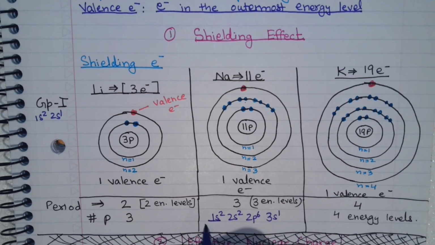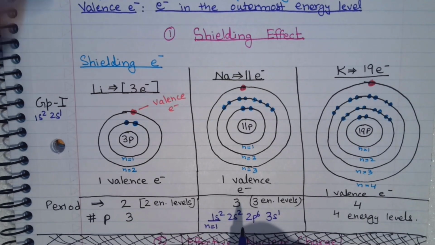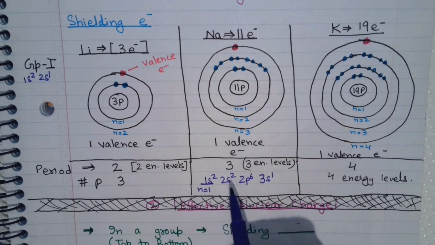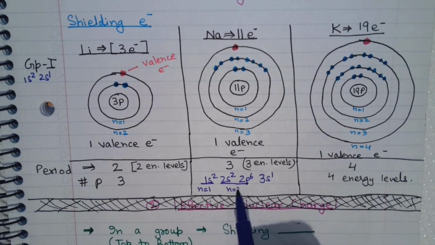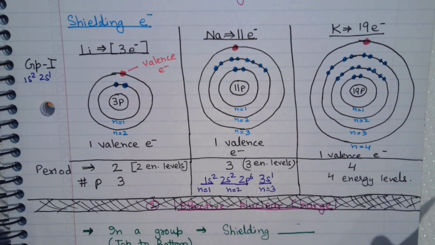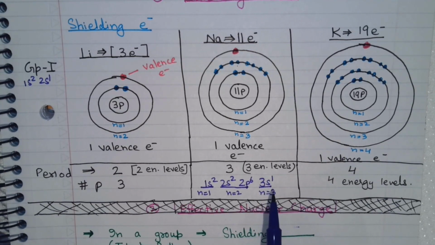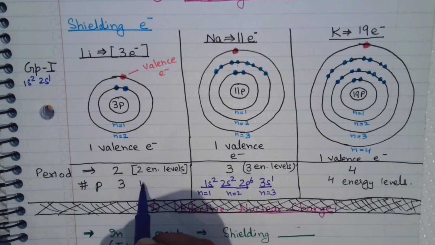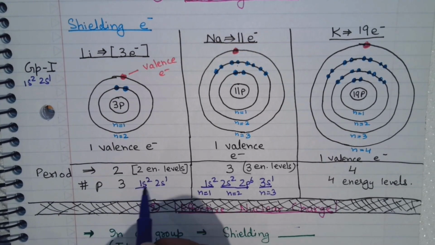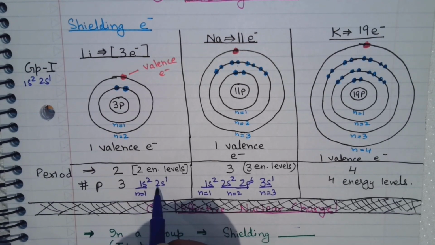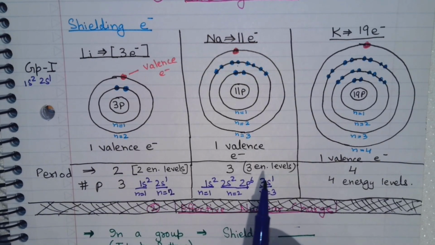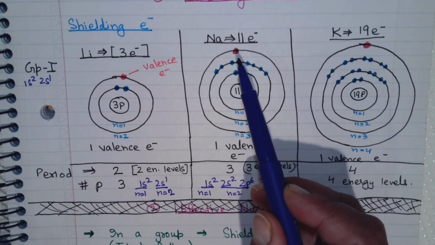So n equals 1 has 2 electrons, n equals 2 has 8 electrons, and n equals 3 has 1 electron. The outermost energy level is n equals 3, with one valence electron, and the same is true for lithium: 1s2, 2s1, with 2 electrons in n equals 1 and only 1 electron in n equals 2.